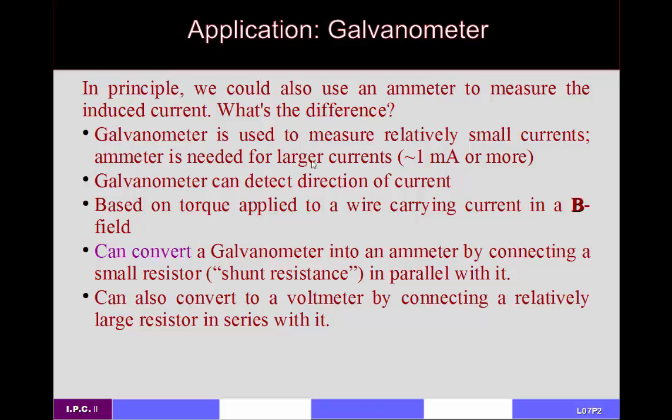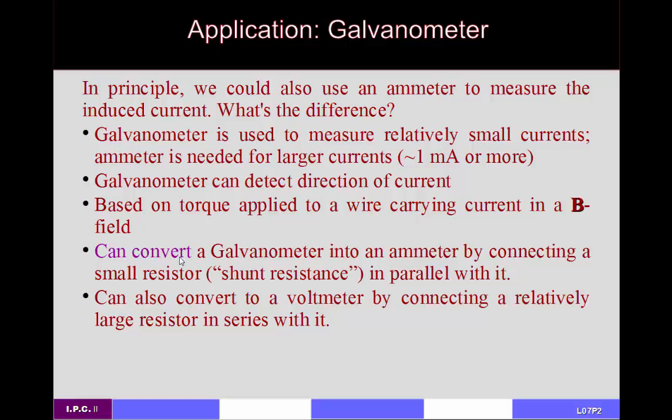A galvanometer basically is used to measure very small amounts of current, and you usually use an ammeter to measure a larger amount of current. And a galvanometer generally also detects the direction in which a current is flowing around a wire. And it's all based on this force that is applied by a magnetic field to a wire.